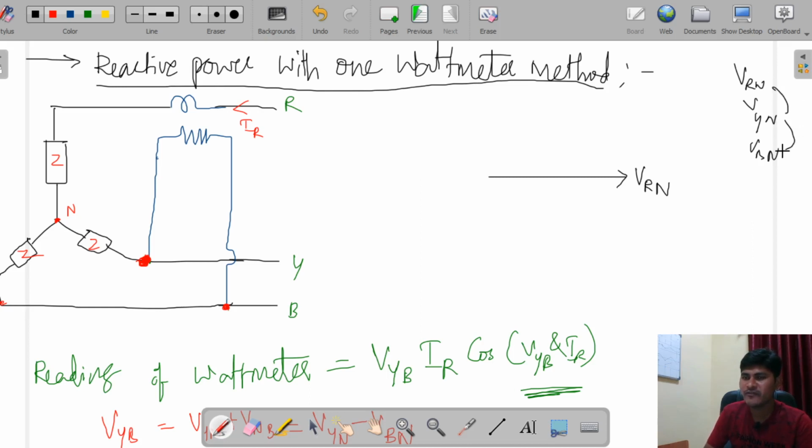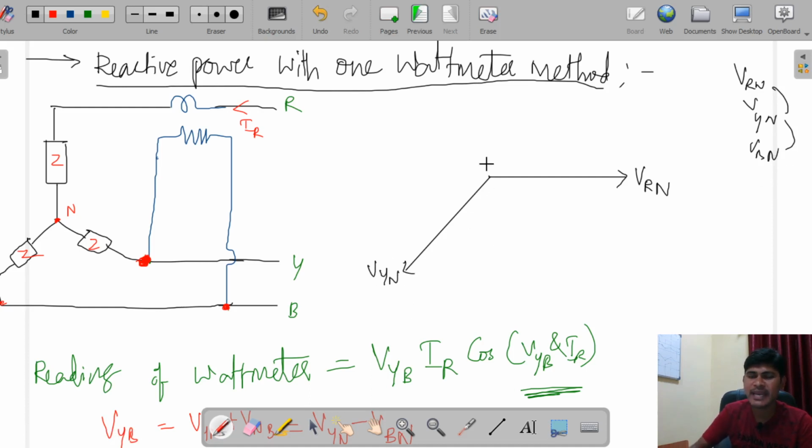The angle between these two will be 120 degrees. Now let us draw VBN.